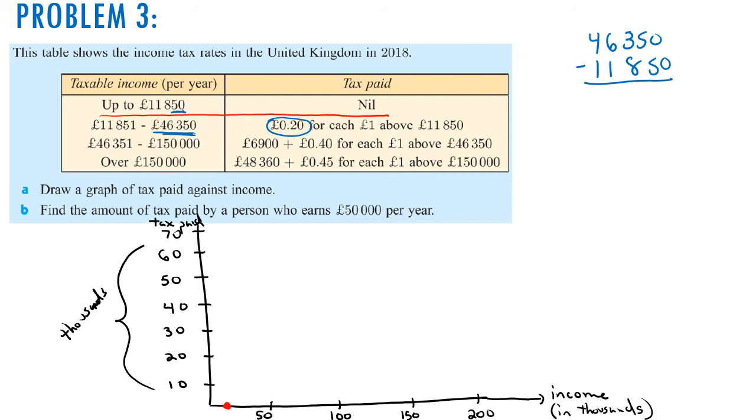That's going to give us 34,500. And we're going to times that by 20 cents because each of these pounds is worth 20 cents. So we would get 6,900. So our new coordinate is going to be 46,350, 6,900.